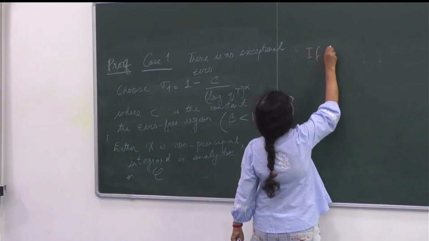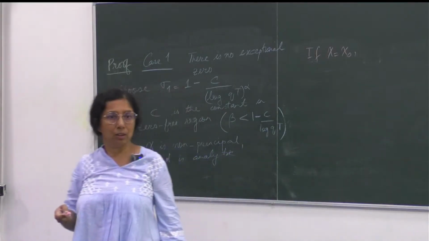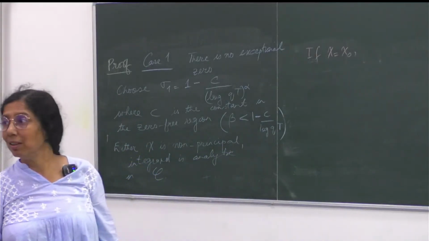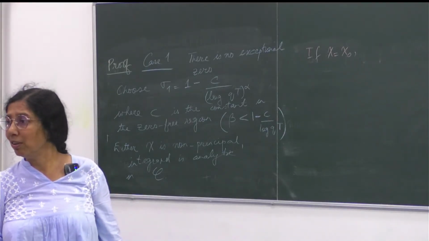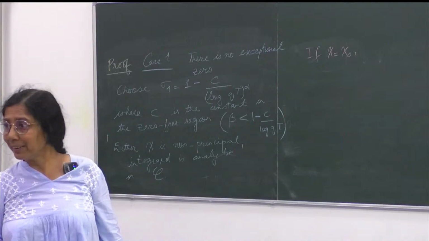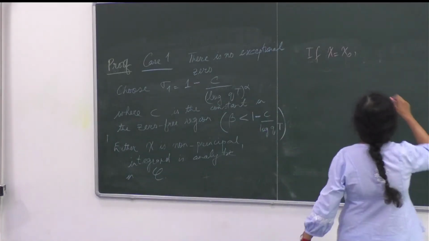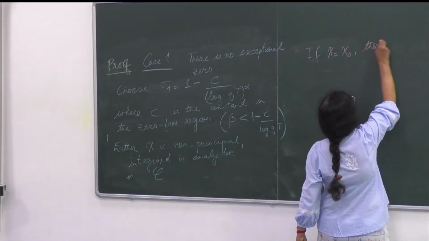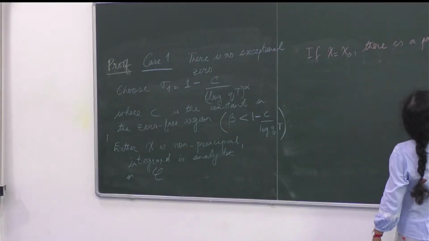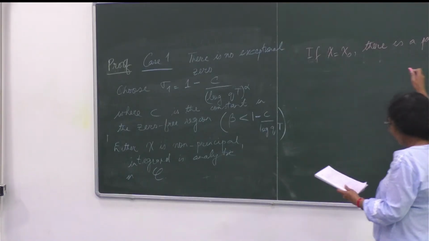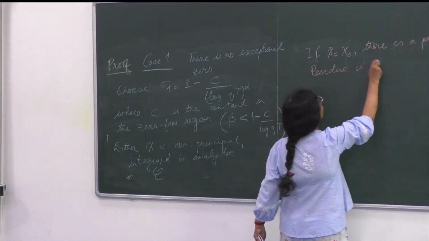If chi is equal to chi 0, I have L prime by L. What happens? Is there a pole? Yes, at s equal to 1 there is a pole, and the residue is x.